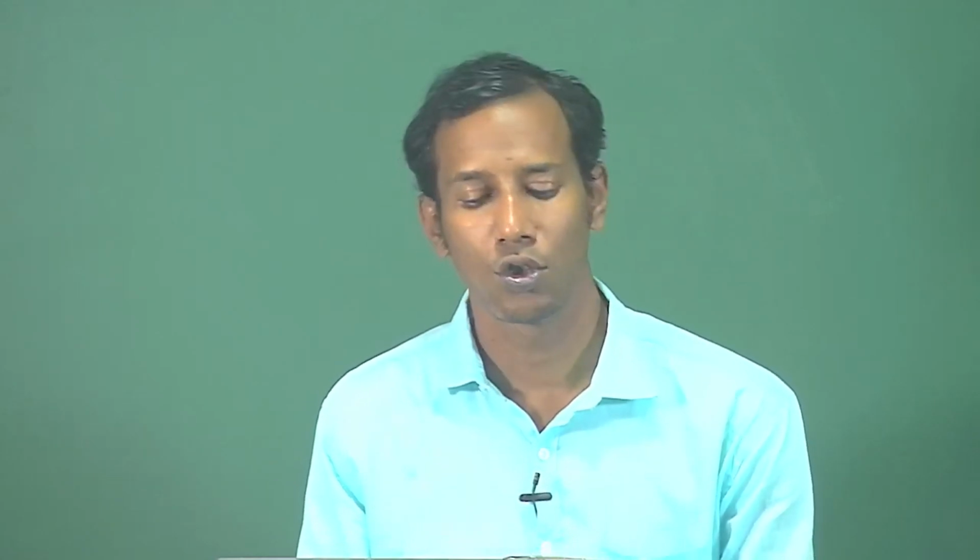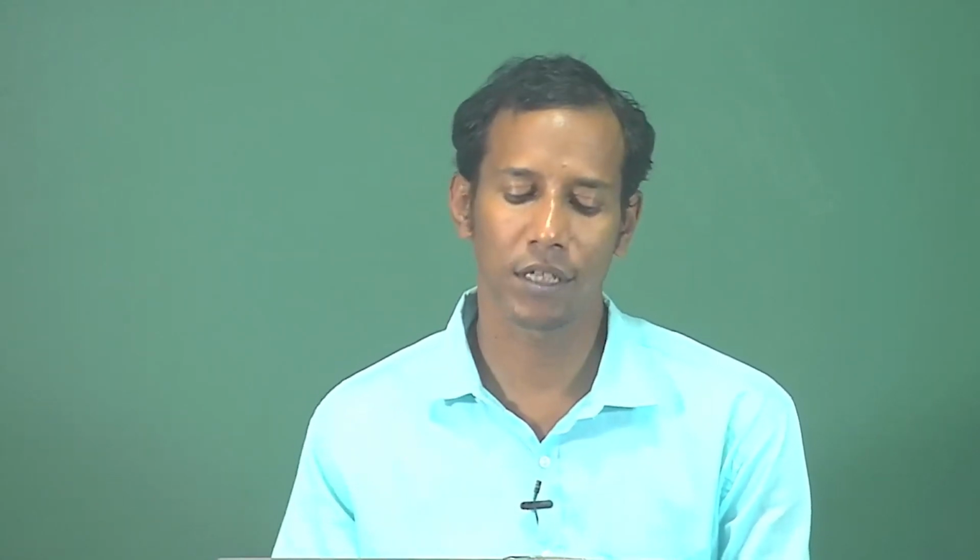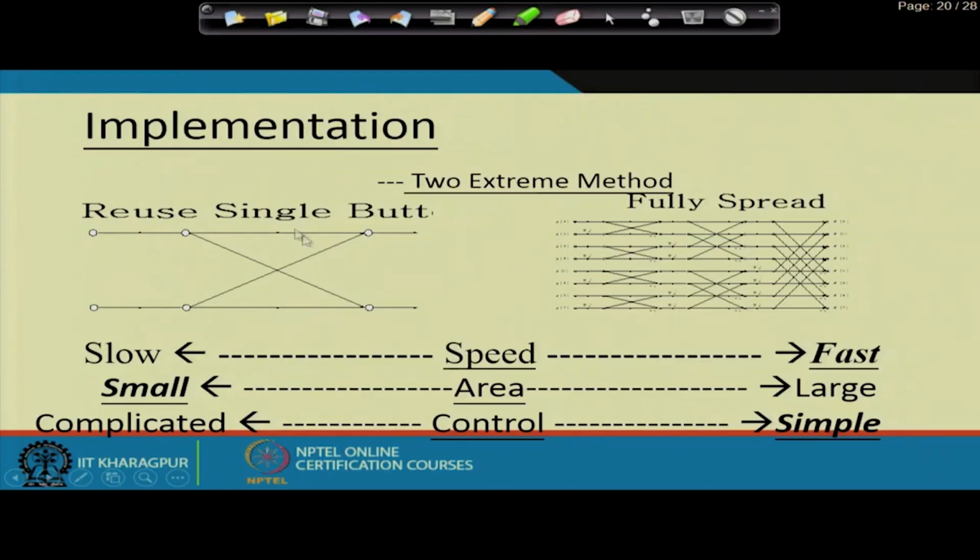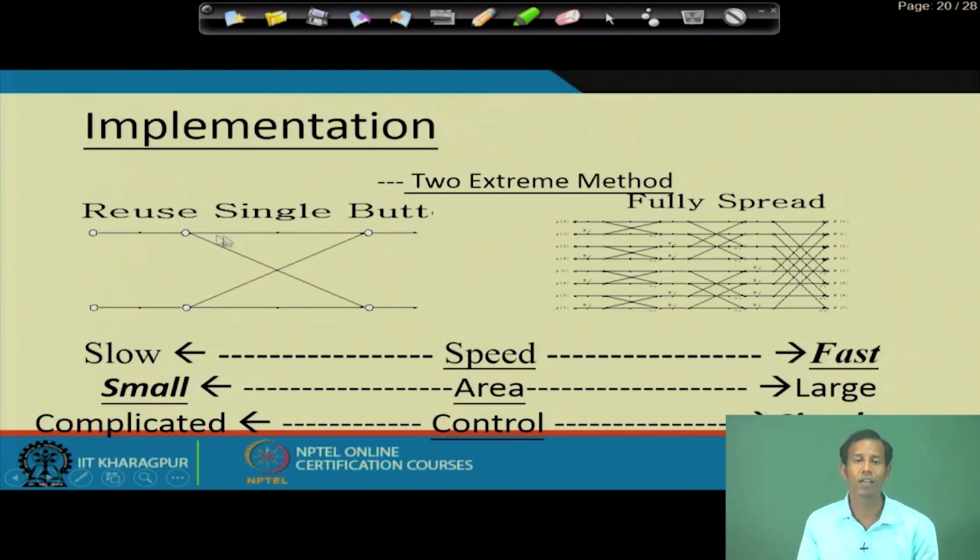We have seen the data flow graph of the fast Fourier transform. Depending on that, instead of all these butterfly units, we can use one single butterfly, which is the serial implementation. That means we reuse one single butterfly to compute the whole FFT operation.